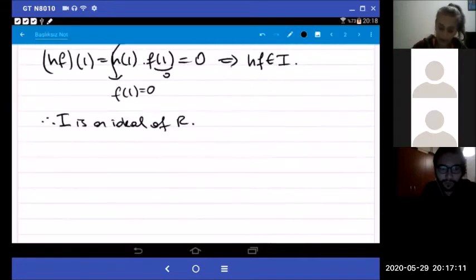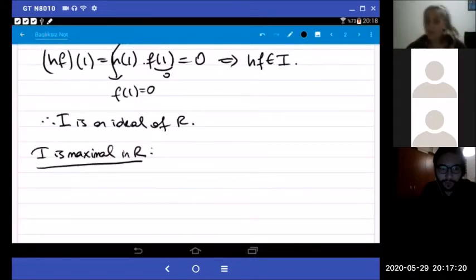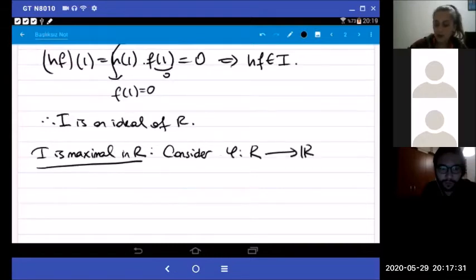What about maximality? For maximality, let us consider the map phi from our ring R to the real numbers, okay?